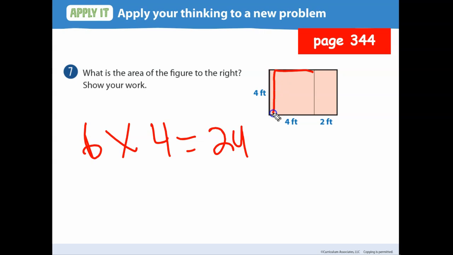I could do it this way. The area for this square would be 4 times 4, which would be 16. If I have 4 on this side, how much is this length right here? 4. So now the area for this part right here will be 2 times 4, which is 8.